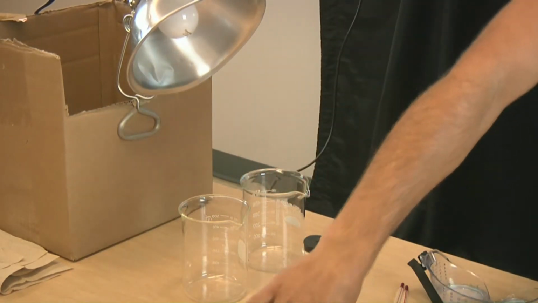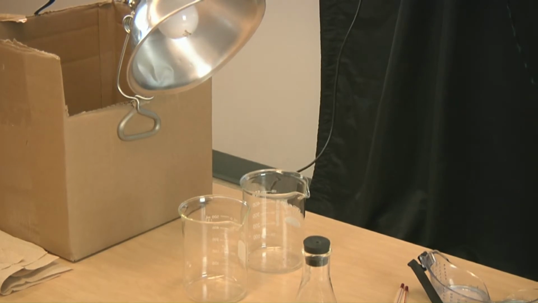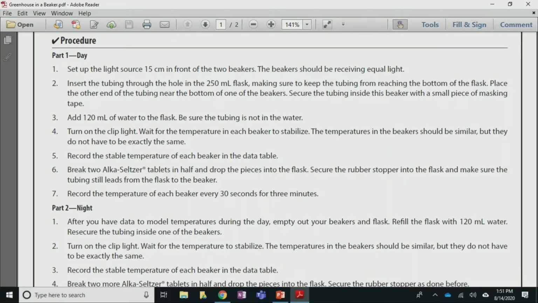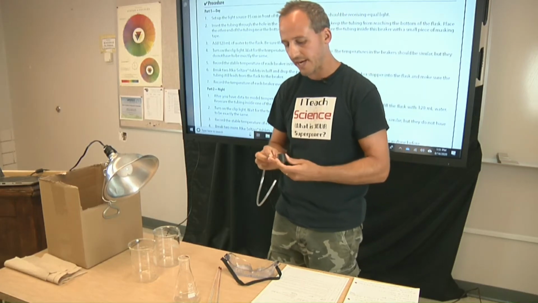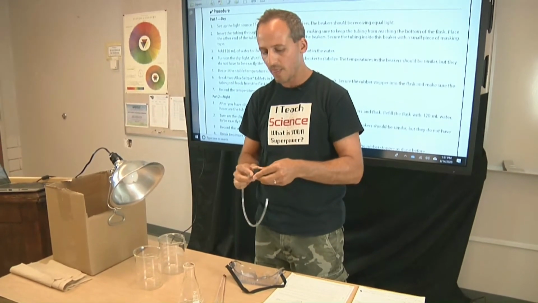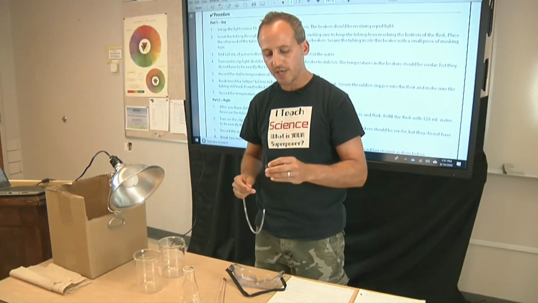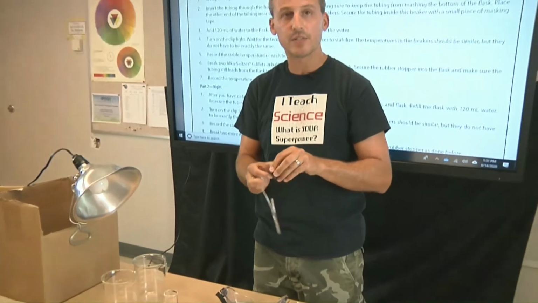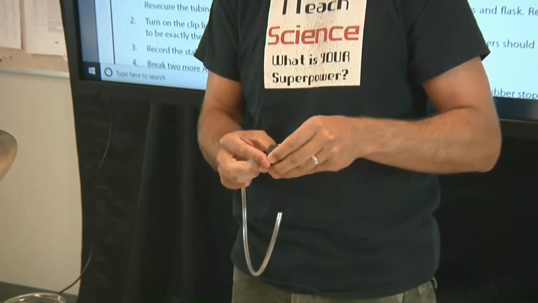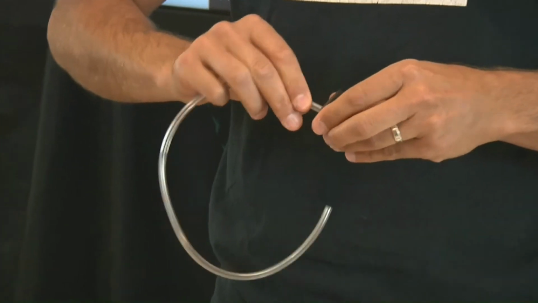All right. Then next up, it says here we're going to insert the tubing through the hole in the 250 milliliter flask. So that's why we have this stopper with the hole. So this tubing is actually going to go through the hole, which in this case we're going to need to get another type of stopper here because this one will not fit the tubing that's here.